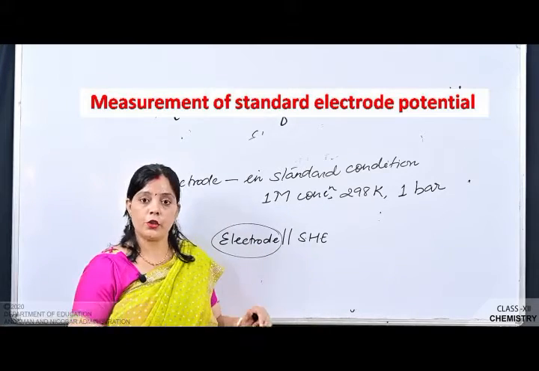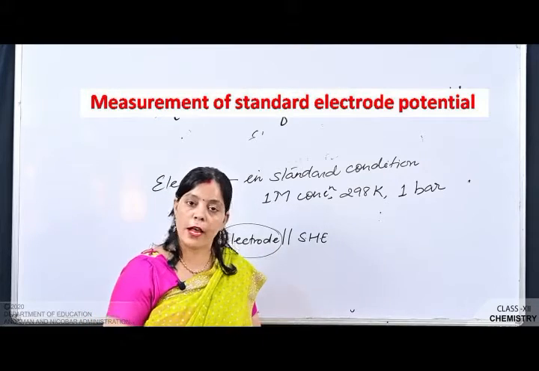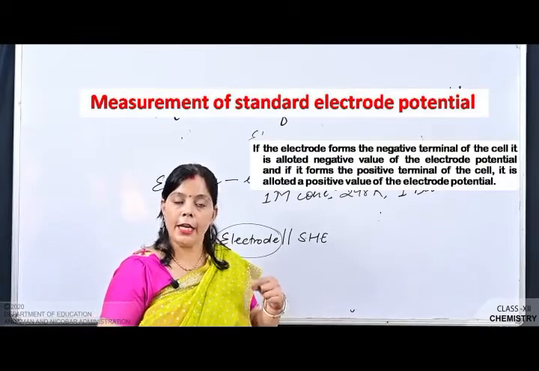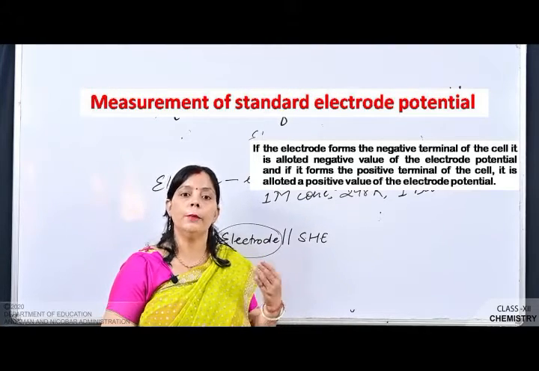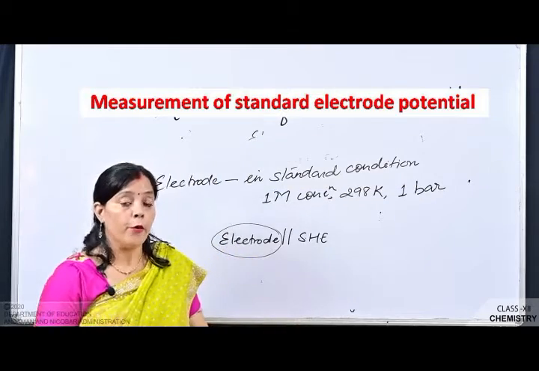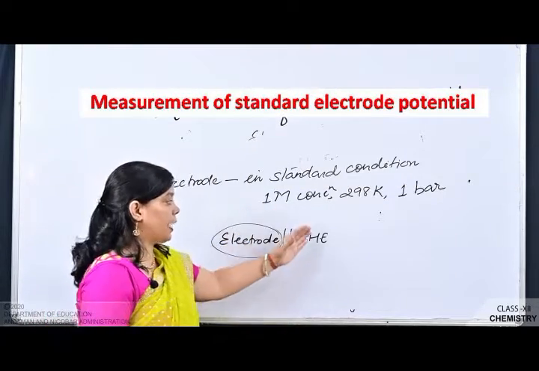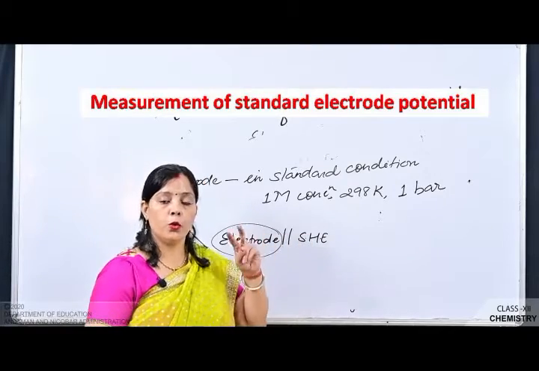If the electrode forms the negative terminal of the cell, it is allotted a negative value of electrode potential, and if it forms the positive terminal, it is allotted a positive value.